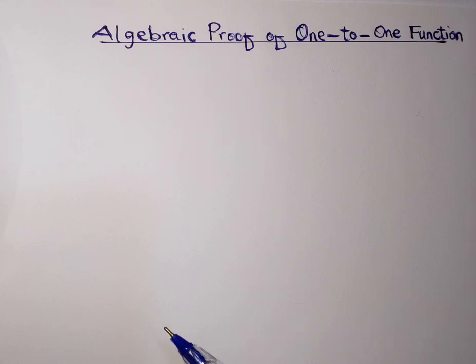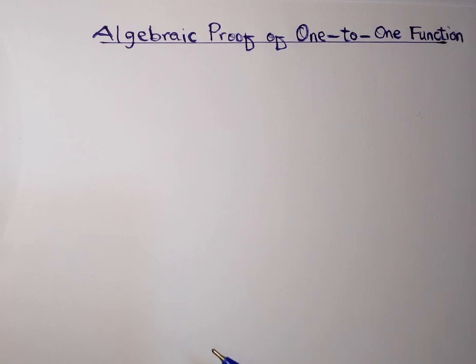So let me quickly remind you so that you can recall what we said about a one-to-one function or one-to-one relation. As the name suggests, one-to-one means that only one element of the domain corresponds to only one element of the codomain.